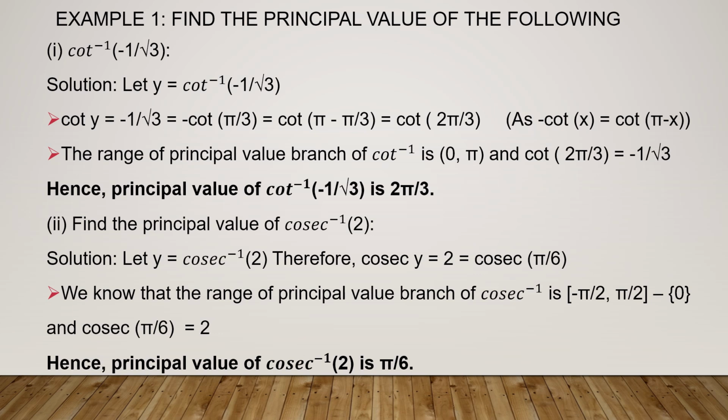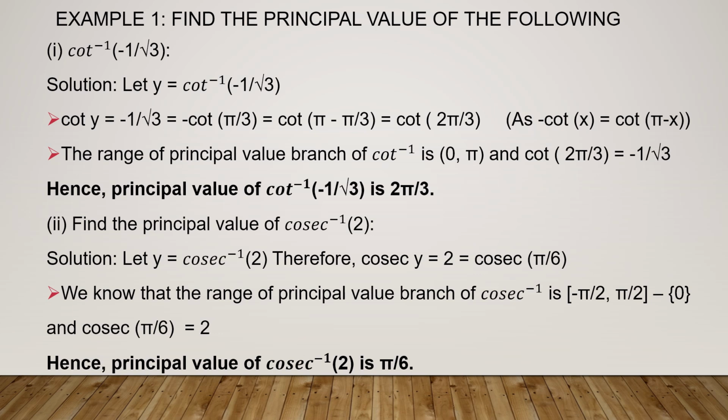Now also you know that for any angle x, minus cot x is cot of pi minus x. Second quadrant ASTC, correct? So cot of pi minus x is minus cot x. So instead of minus cot pi by 3, now I am writing cot of pi minus pi by 3. So that is same as cot of 2 pi by 3.